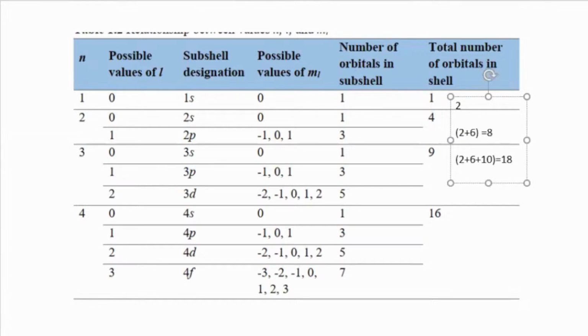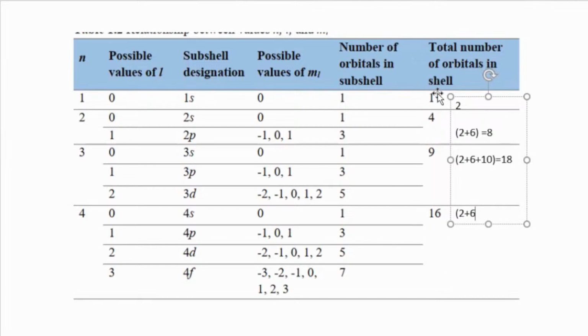Then for the fourth energy level also, there are 4 types of orbitals: s, p, d, f. For the s orbital it's 2, for the p orbital it's 6. The number of orbitals in each subshell, and the total number of orbitals in the subshell, are also given.